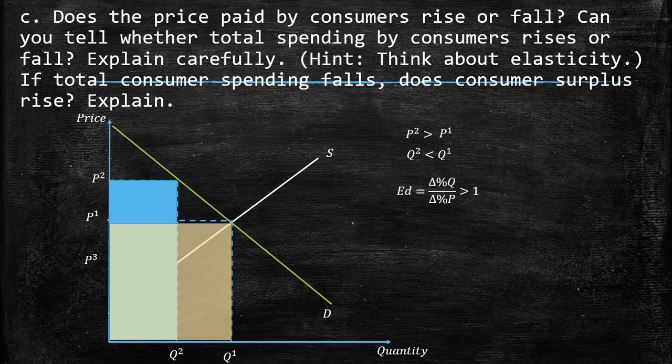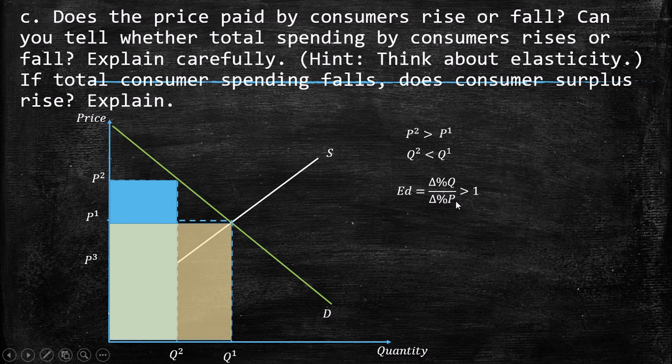We know the elasticity definition, which is the percentage change in quantities over the percentage change in the price. When the quantities vary more than the price, it means that demand is elastic.